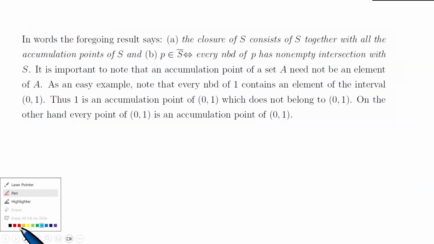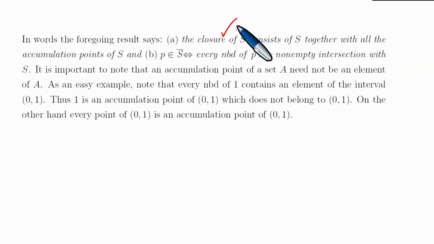So to get the closure of a set, you take the set S together with all its accumulation points. The question is, what is the quickest way to find the closure of a set? Somebody will say, according to that theorem, you take the set S and all its accumulation points, and then you have the closure.